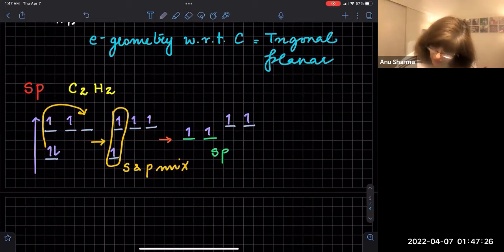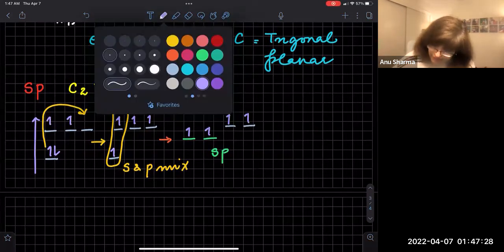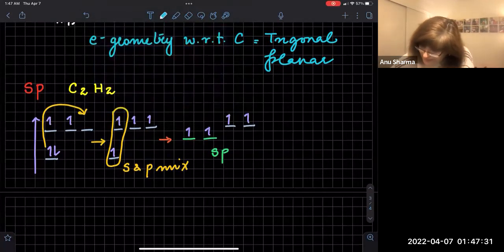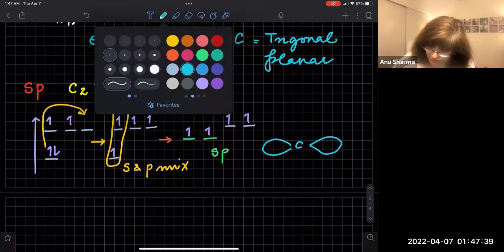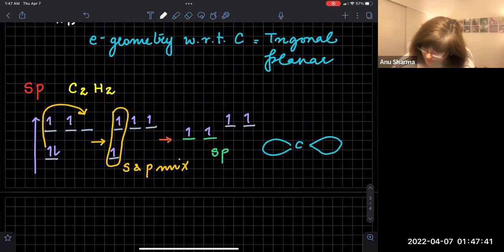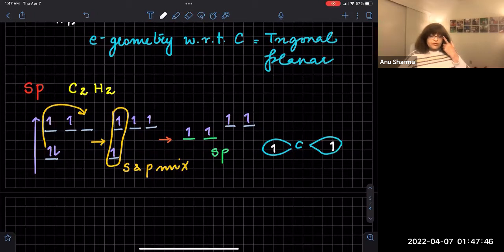When we talk about sp, that means that carbon will have one lobe here and another lobe here, and the electrons are present, one here and the other here. So it's going to be making bonds on both sides.